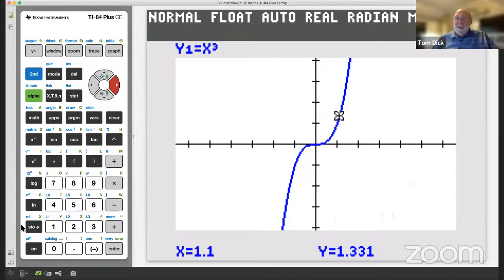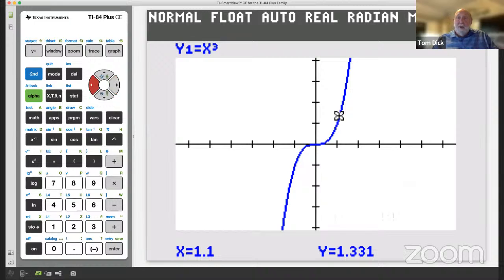Both the x and the y were 1 where we started, so the difference in the y values is going to be 0.331. The difference in the x values will be 0.1. So we'll end up with about 3.31. Okay, so that's a really rough estimate for the value of the slope of the tangent line there.